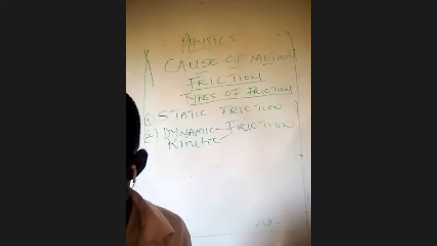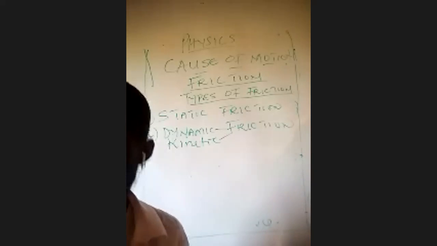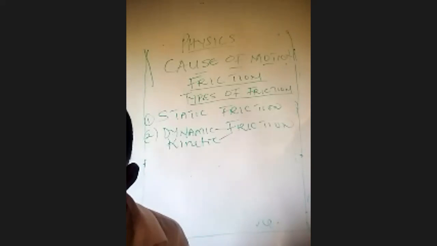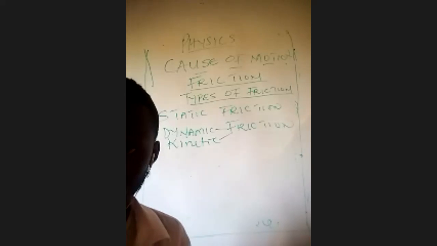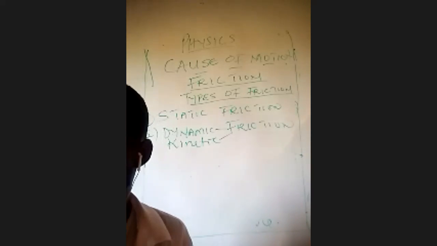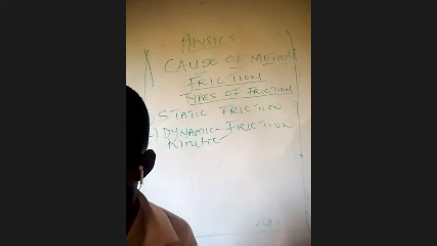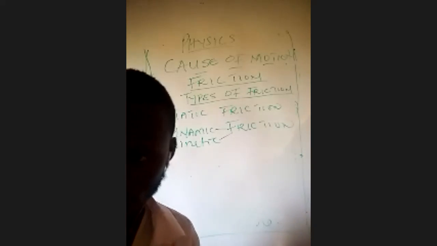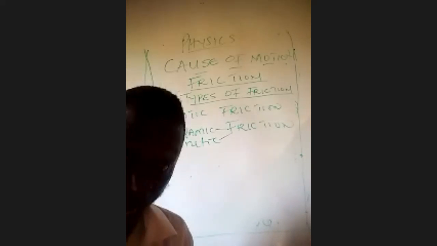Dynamic, or kinetic, friction is the force that must be overcome before a body can move with uniform speed over another body.